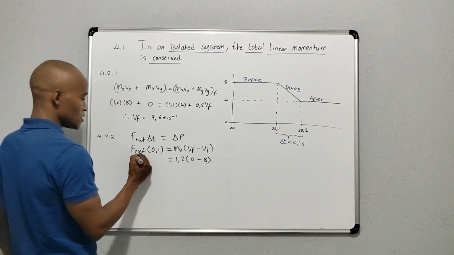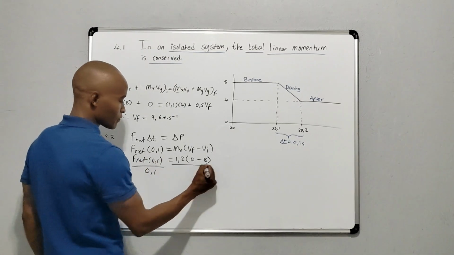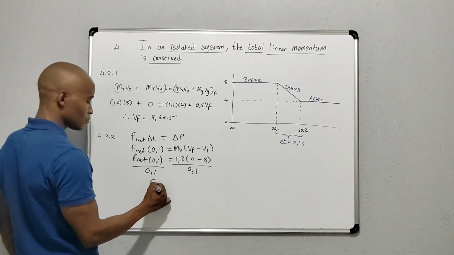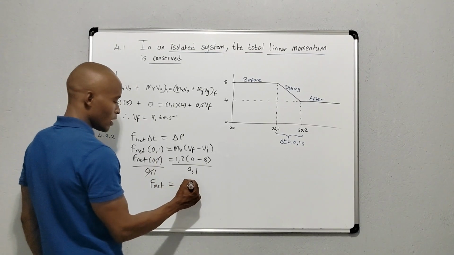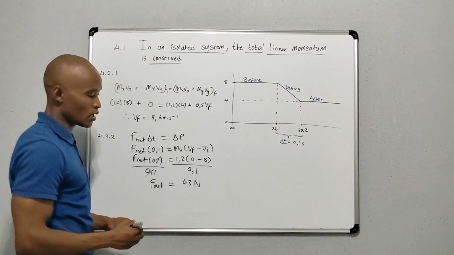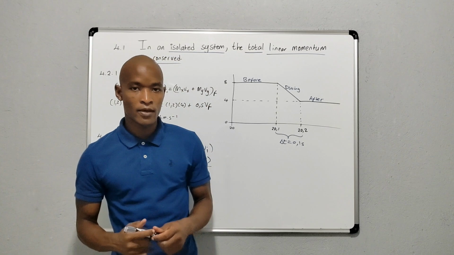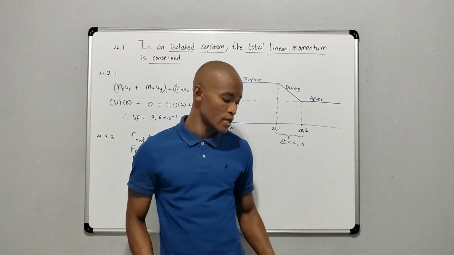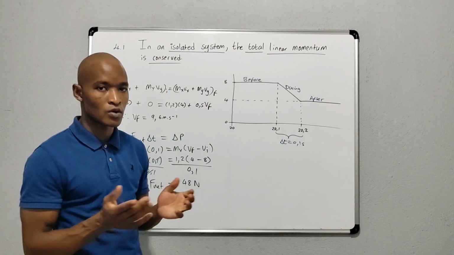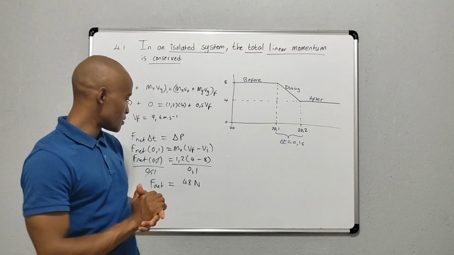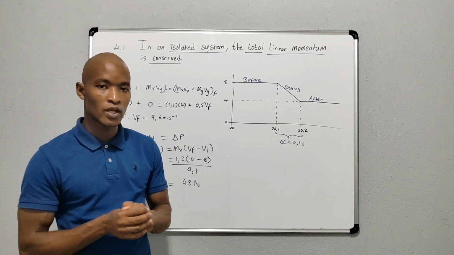We divide both sides by 0.1, and we get 48 newtons. The direction is not asked here. Even though force is a vector, we are only asked for the magnitude, which is always a positive quantity, and that takes care of 4.2.2.